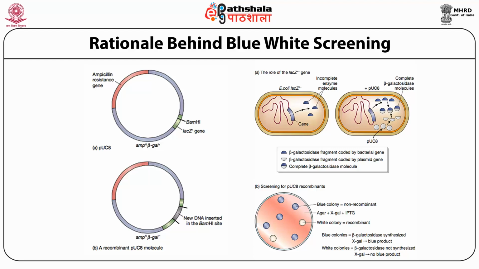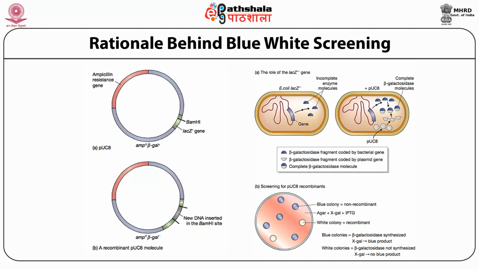Since this enzyme is coded in two different fragments, both fragments should combine together to form an active protein. So the lacZ fragment cloned in the vector produces partial beta-galactosidase, which complements the wild-type partial beta-galactosidase and forms a full beta-galactosidase molecule, which has the ability to cleave X-gal to produce blue.